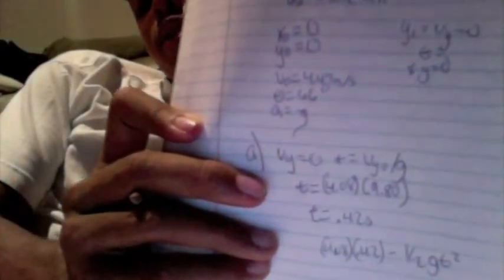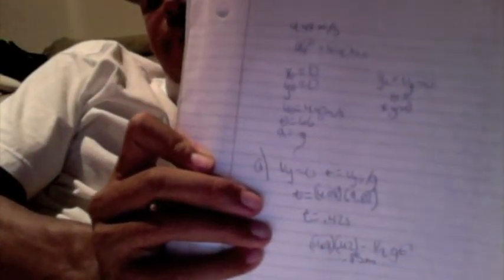That ends up looking like this. See the minus 1/2 gt squared in the bottom right hand corner. So you solve your basic mathematics and you end up getting 0.85 meters as your total when y is at its maximum, correct?